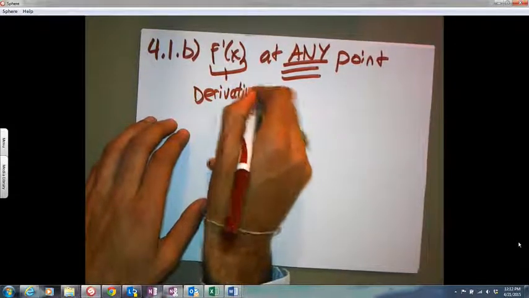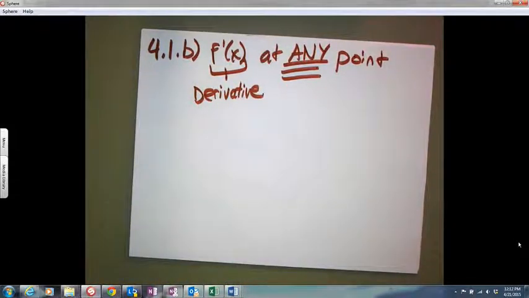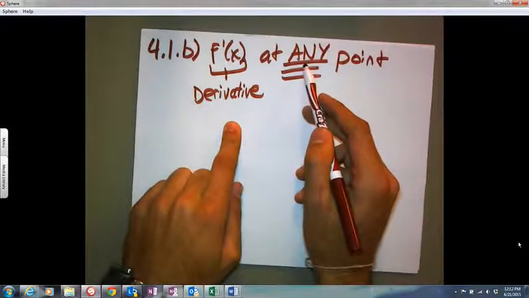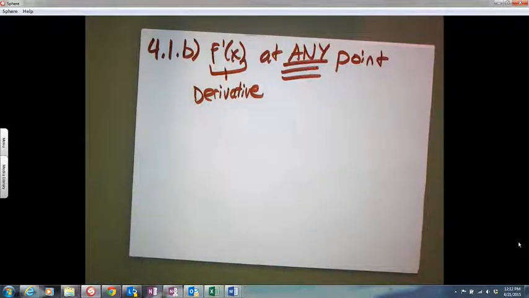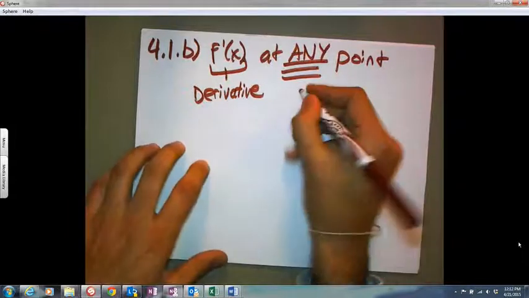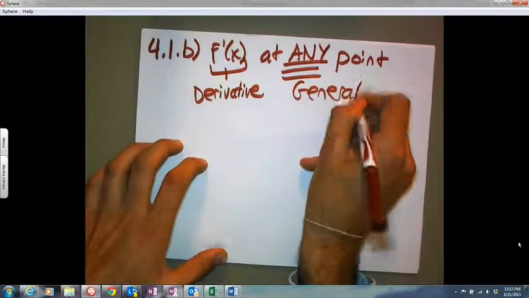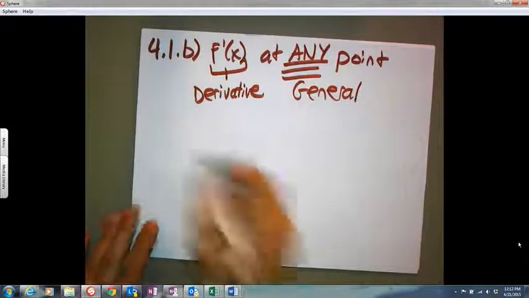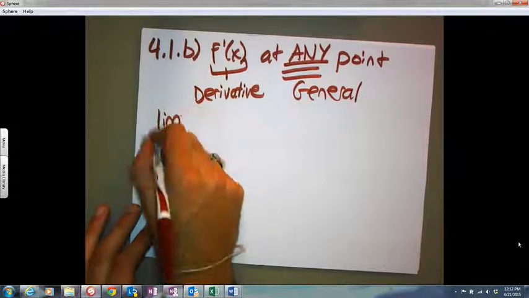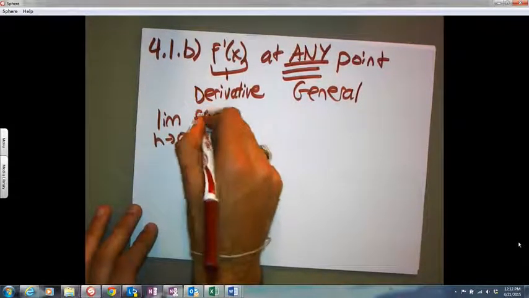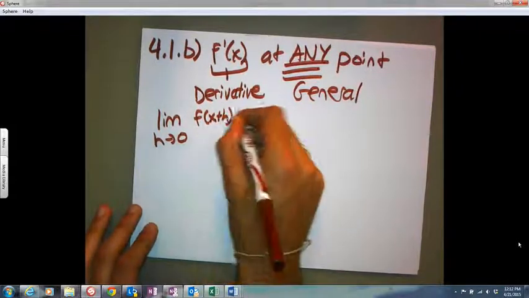And they want it at any point. So this goes back to Shanli's question. This needs to be the general form, which is the one I derived today in class, which was limit as h goes to 0, f of x plus h minus f of x all over h.